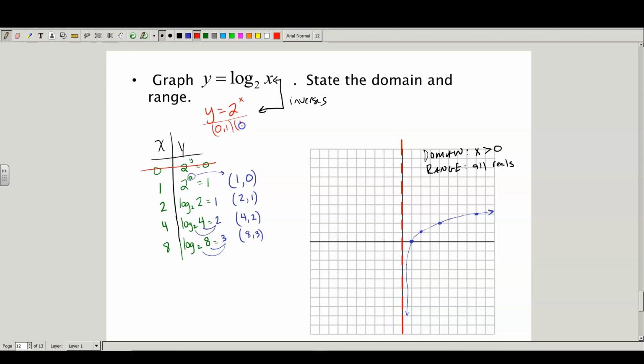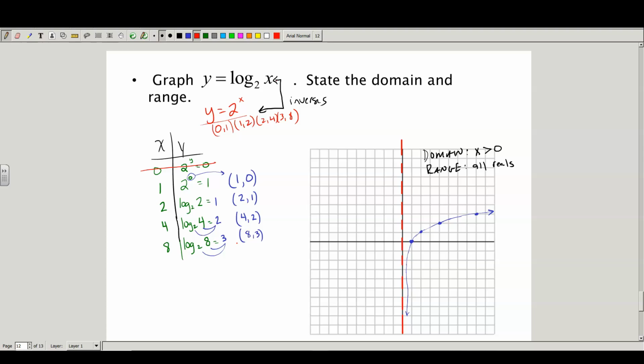And I'd get 1, 2. And I get 2, 4. And I get 3, 8, etc. Notice that the x's right here are all the y's on this one, and all the y's on this one are all the x's in this one. So they are inverses of one another.